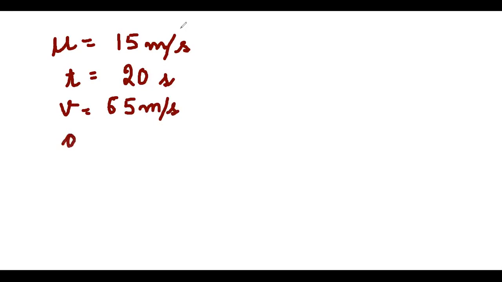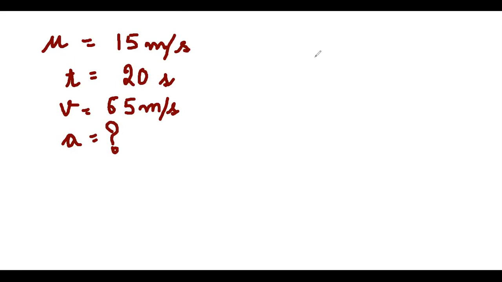You are required to find the acceleration. So children, do this question yourself in your physics notebook. Initial velocity is 15, time is 20, final velocity is 65. You need to find acceleration.